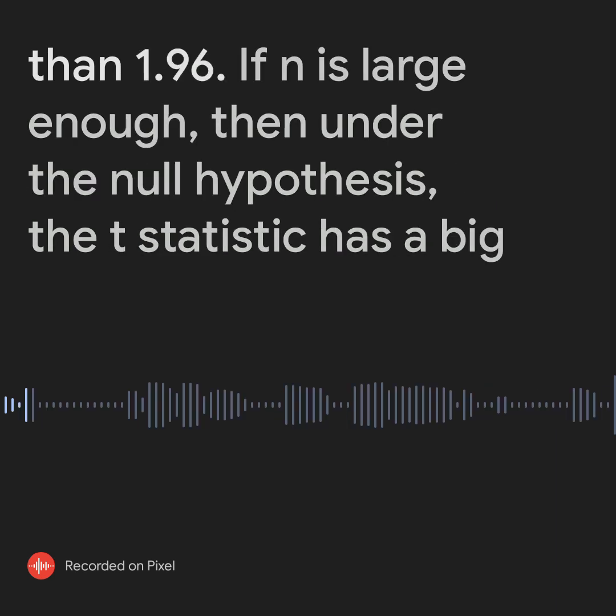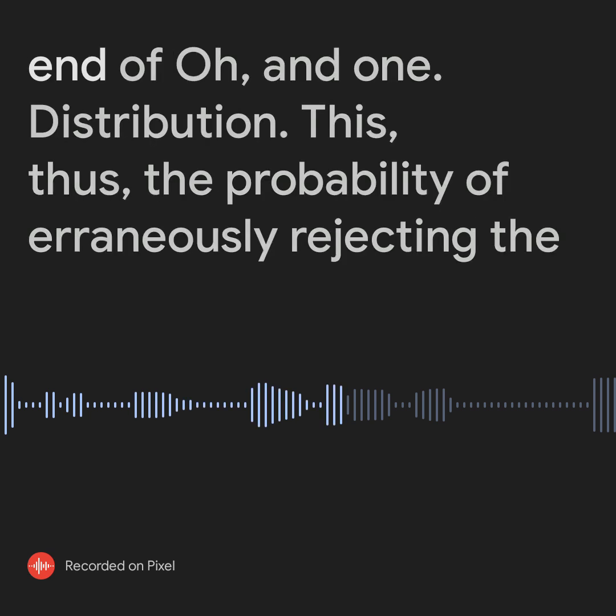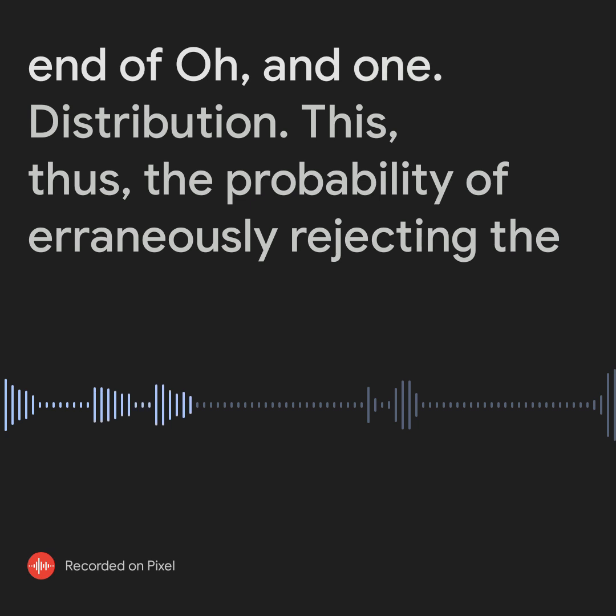If n is large enough, then under the null hypothesis, the t-statistic has a N(0,1) distribution.